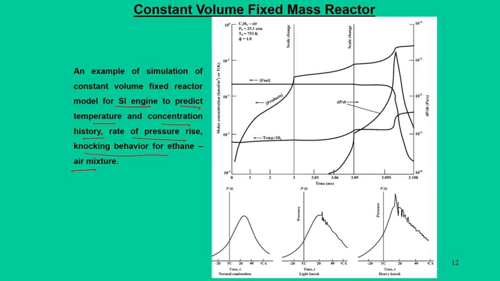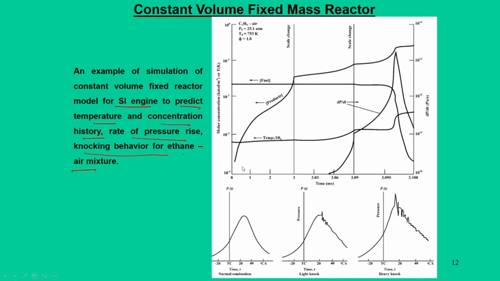You might know about the trends of these plots from the earlier IC engine course in thermodynamics, but those are major data, basically experimental data which were acquired during engine operations.